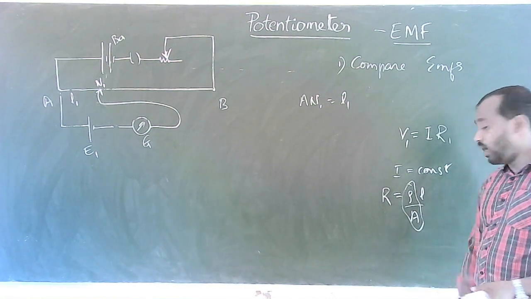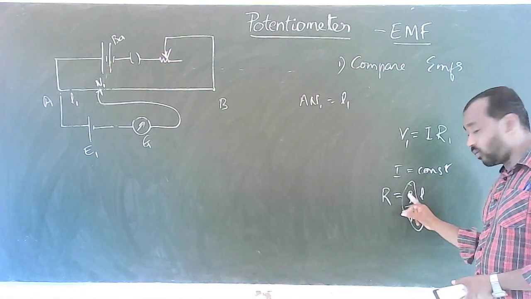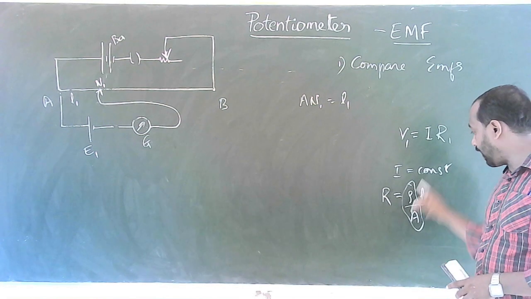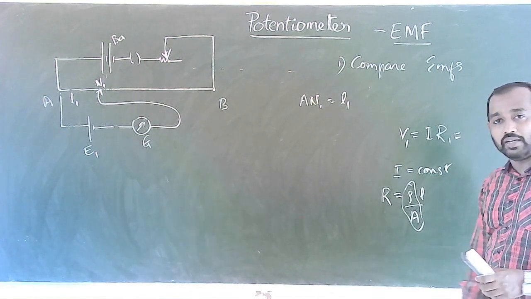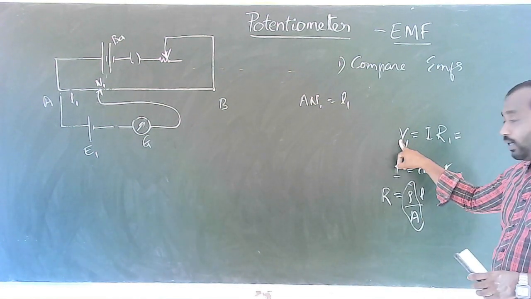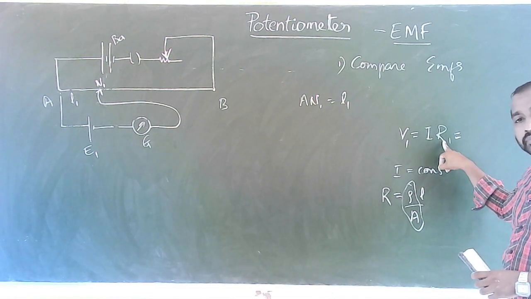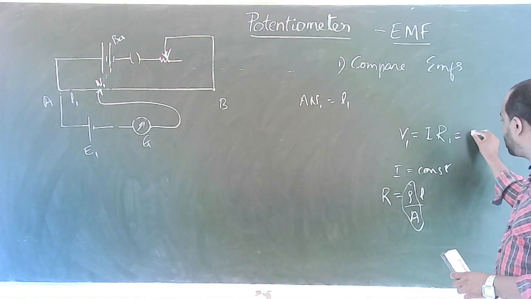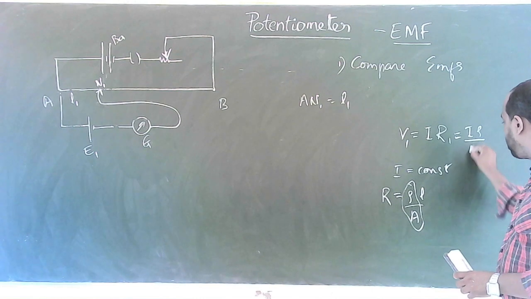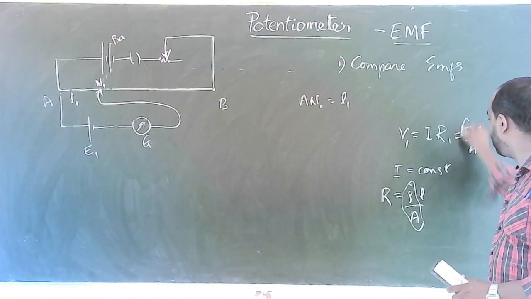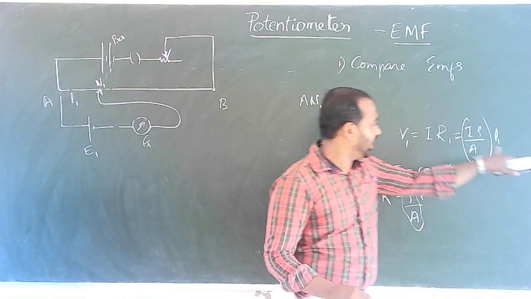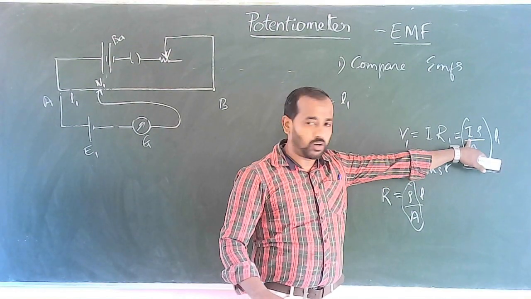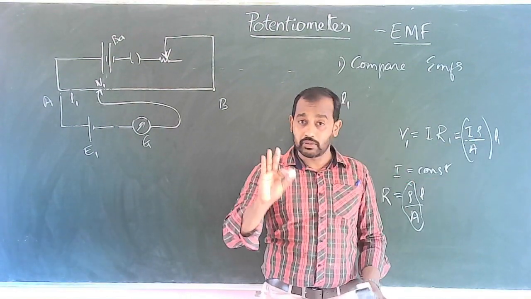Since rho and A are constants, if we substitute these values, we get V1 equals I into R1, which equals I into rho divided by A into L1, where this term, by rearranging them, I have written in this form, which is a constant, just for your knowledge.